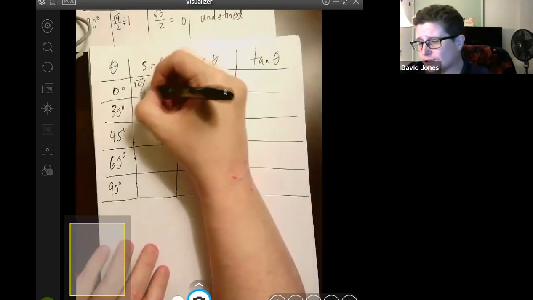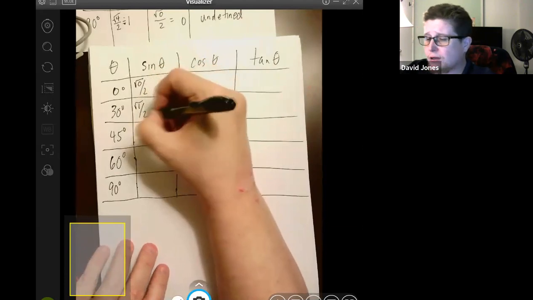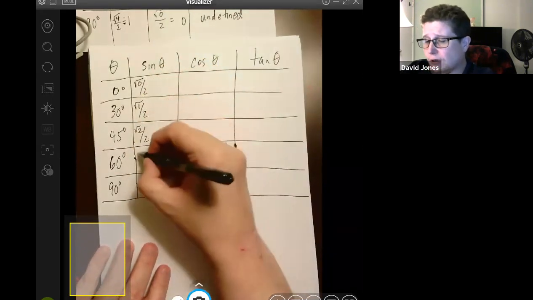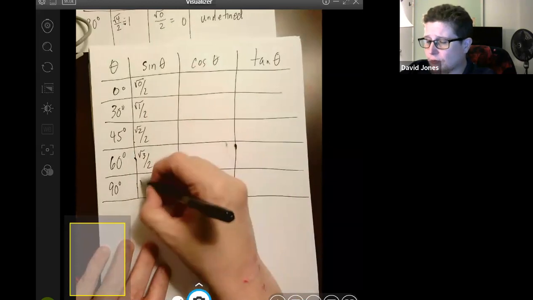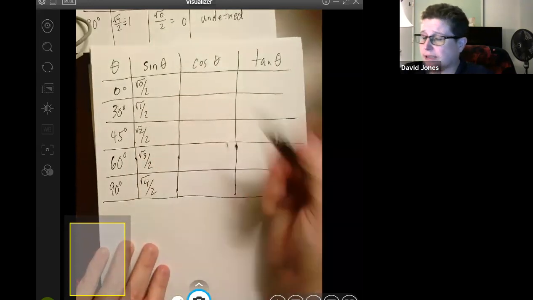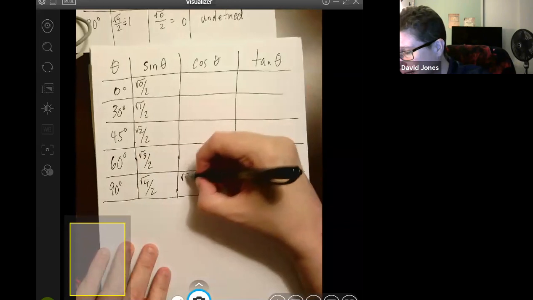So root 0 over 2, root 1 over 2, root 2 over 2, root 3 over 2, root 4 over 2. Here, it goes the opposite way.